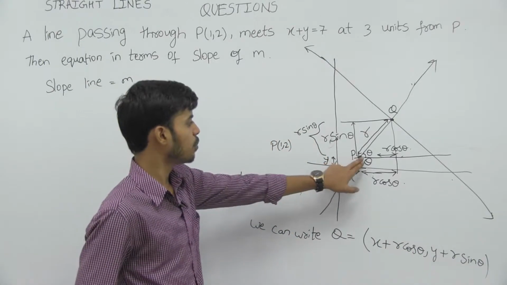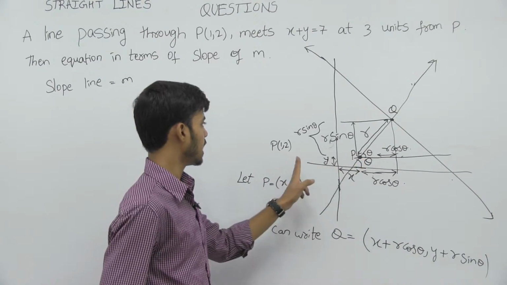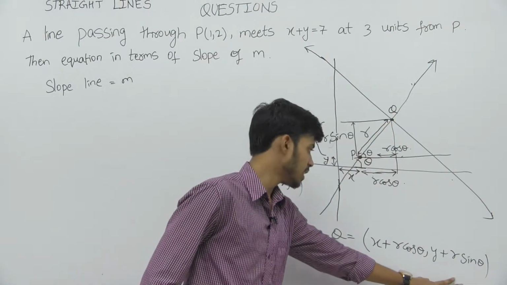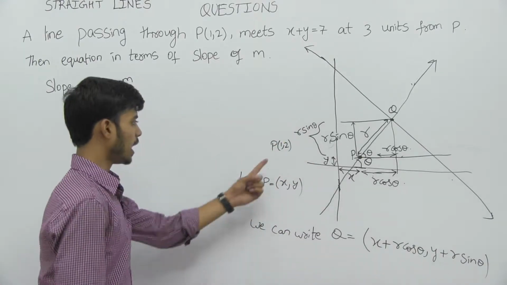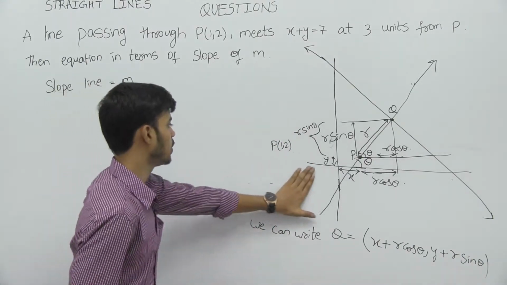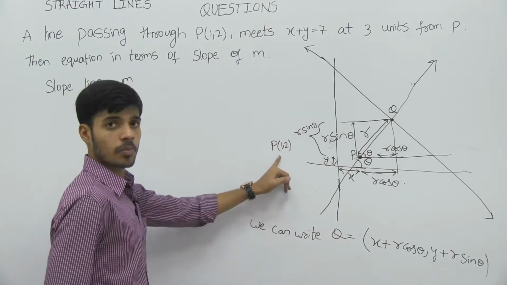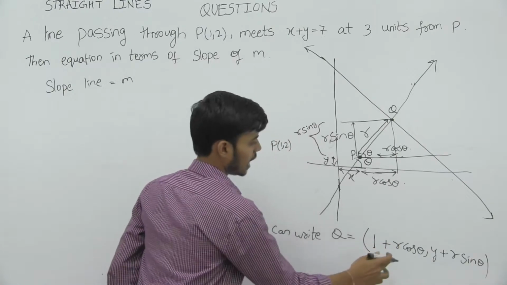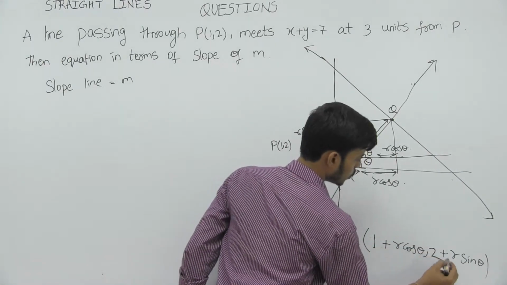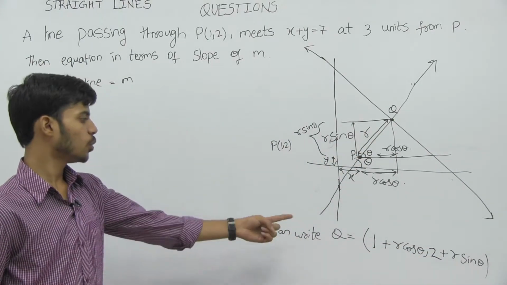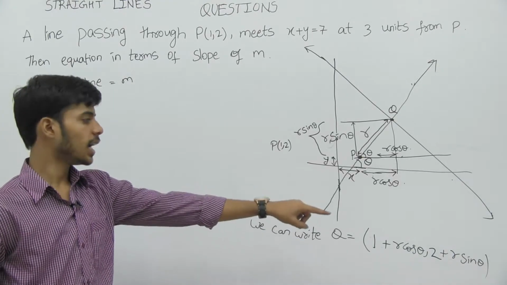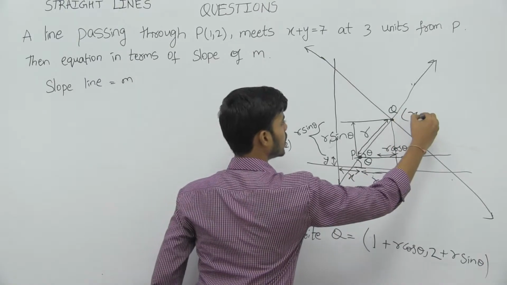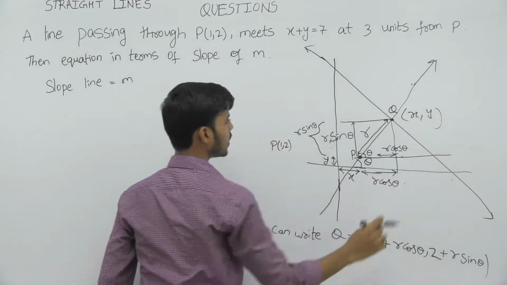So now we can say when P is x comma y, Q is x plus r cos theta and y plus r sin theta. As we already know P to be 1, 2, we can put x equal to 1 and y equal to 2. So we have coordinates of Q to be 1 plus r cos theta and 2 plus r sin theta, and as we don't know the coordinates of Q, let's assume it is x comma y.